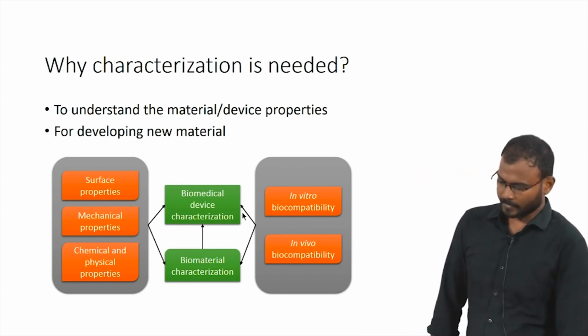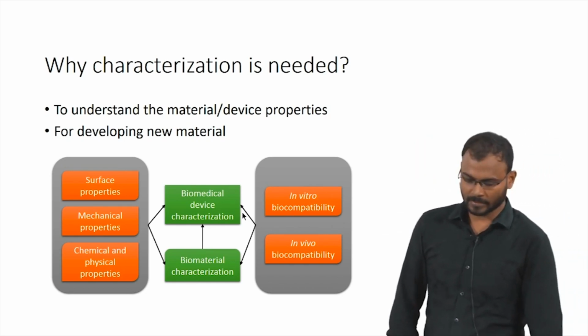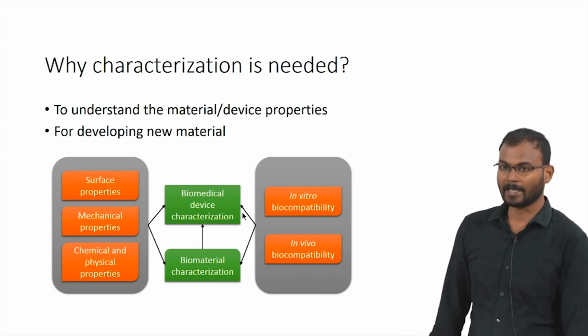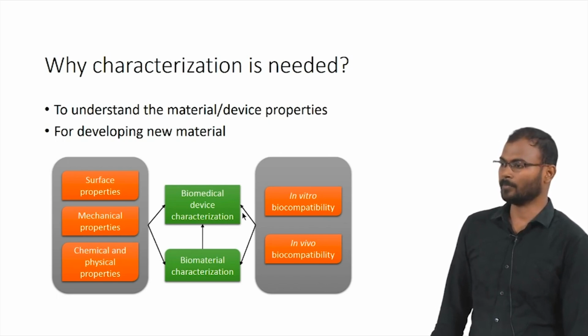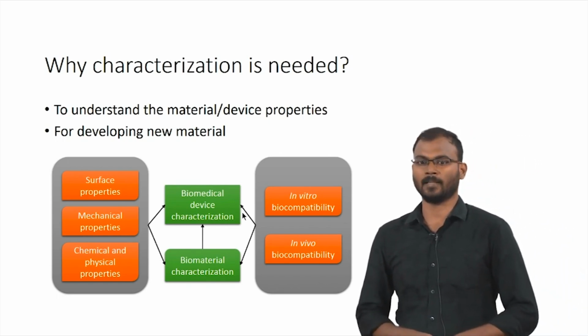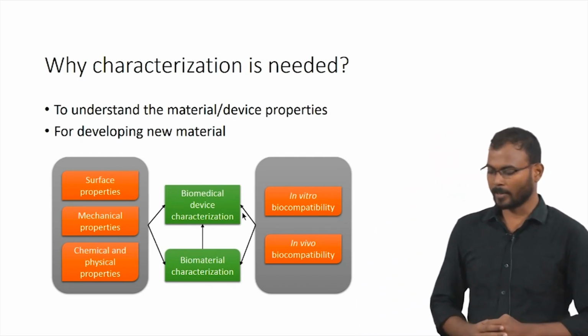Material characterization is primarily divided into two categories. One is based on engineering properties, such as surface properties, mechanical properties, and chemical and physical properties. The other is totally dependent on the biological relationship with the material, which is in vitro biocompatibility and in vivo biocompatibility.